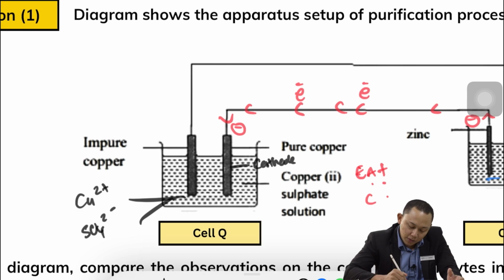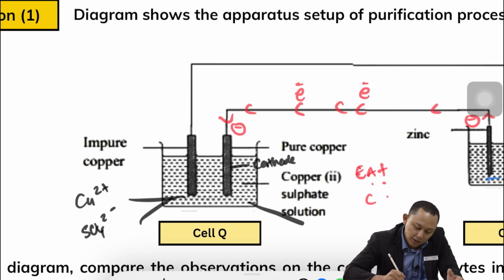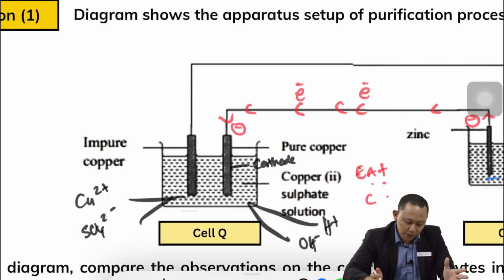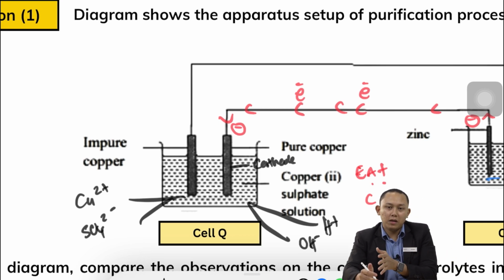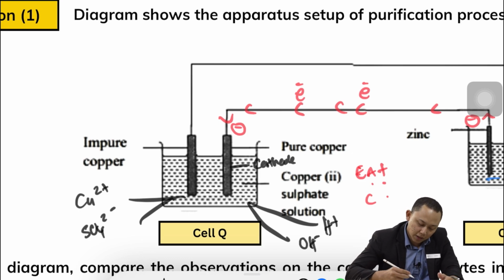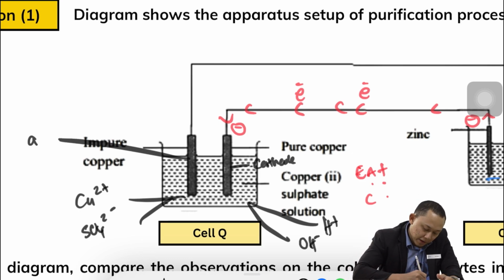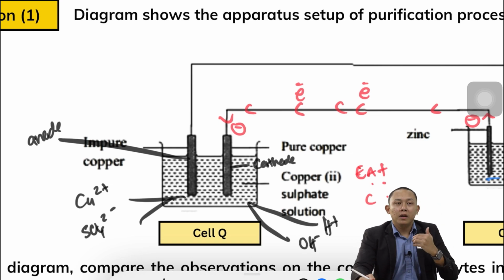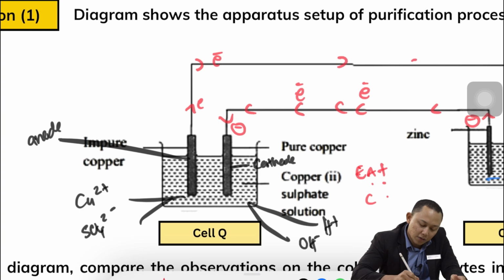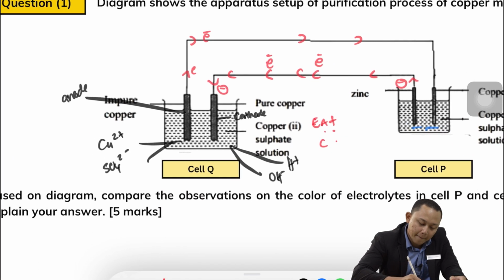Because this is a solution, you actually have two more ions, H+ and OH-. All the positive ions will move toward the cathode, and all the negative ions will move to the anode. As I mentioned, the movement of electrons is always from anode to cathode, so the electrons continue from the anode of your electrolytic cell.